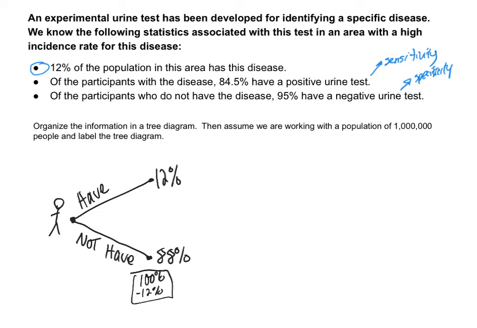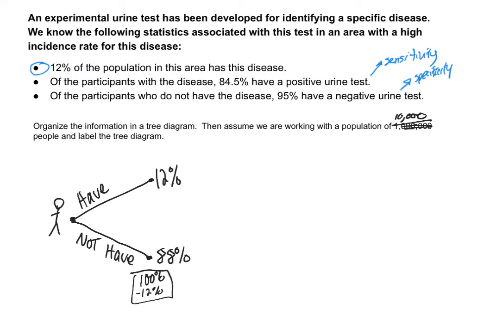Meaning if I had a population of 10,000 people, how many people would we expect to be on each of the branches? So we're going to see that in a moment. But the first thing, again, think about have or have not.